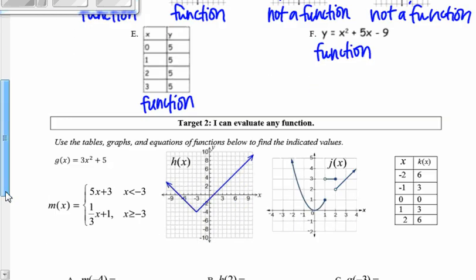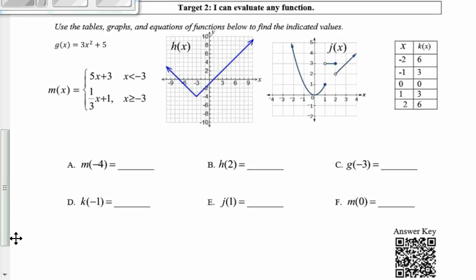Moving on to target 2 when we're evaluating. So we have a series of tables, graphs, equations, all representing functions, and we have to evaluate them at different points. So we take this input value, -4, and we look at this specific function.